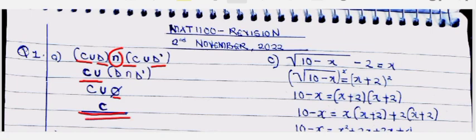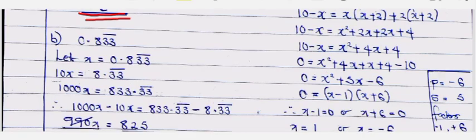We'll move on to question number 2, which says express 0.833 bar in the form A over B, where A and B are integers and B is not equal to 0. In this case, we're trying to express that value in a rational manner.